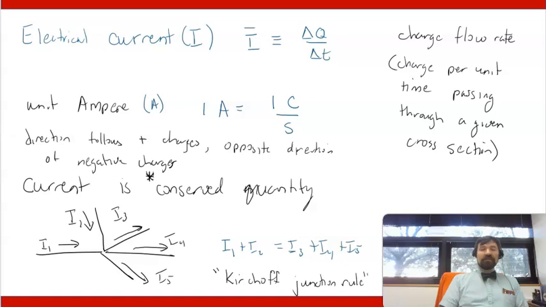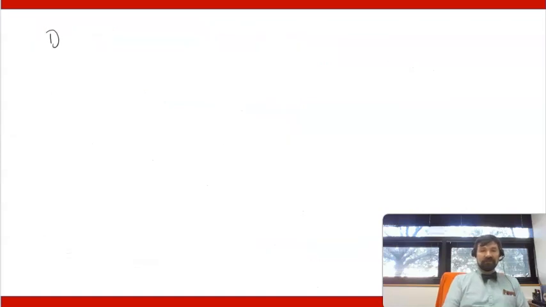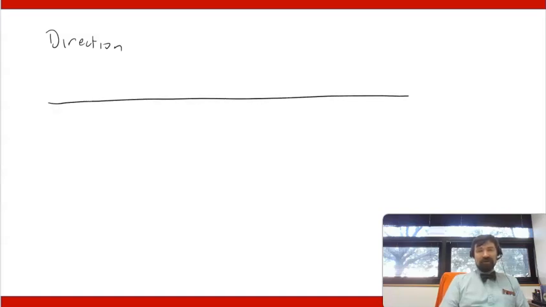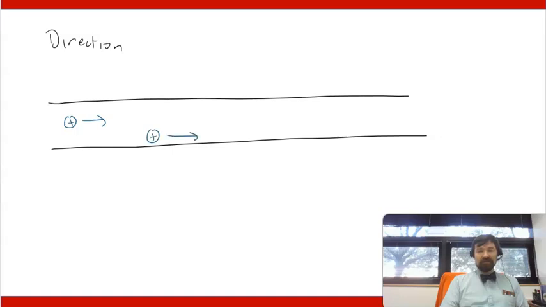All right, so that essentially means for current direction, if I have a wire like this, and I've really blown my wire up a lot, and now I have, let's say, a bunch of positive charges that are drifting this way in the wire, like so. And then I have a bunch of negative charges, let's do the negative charges maybe in purple, just for the fun of it, that are also drifting along in the wire, but in the opposite direction like this.